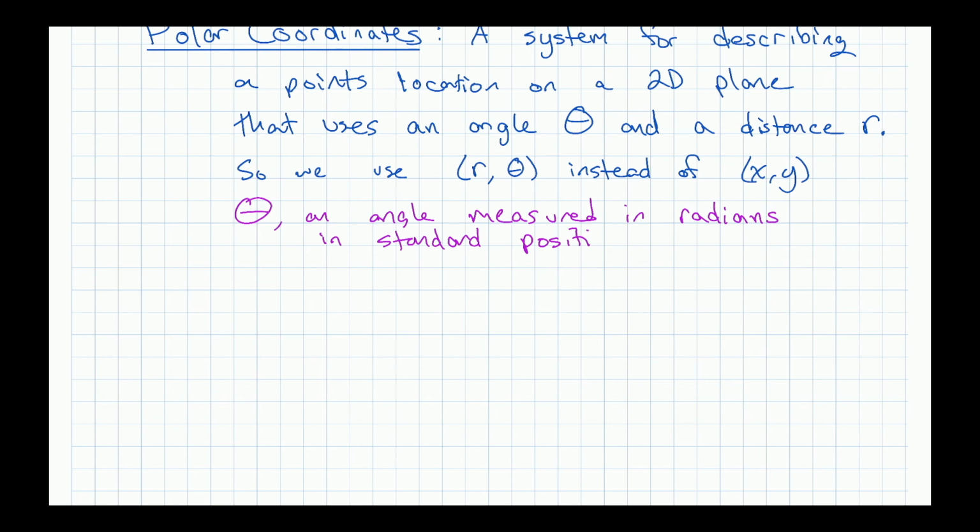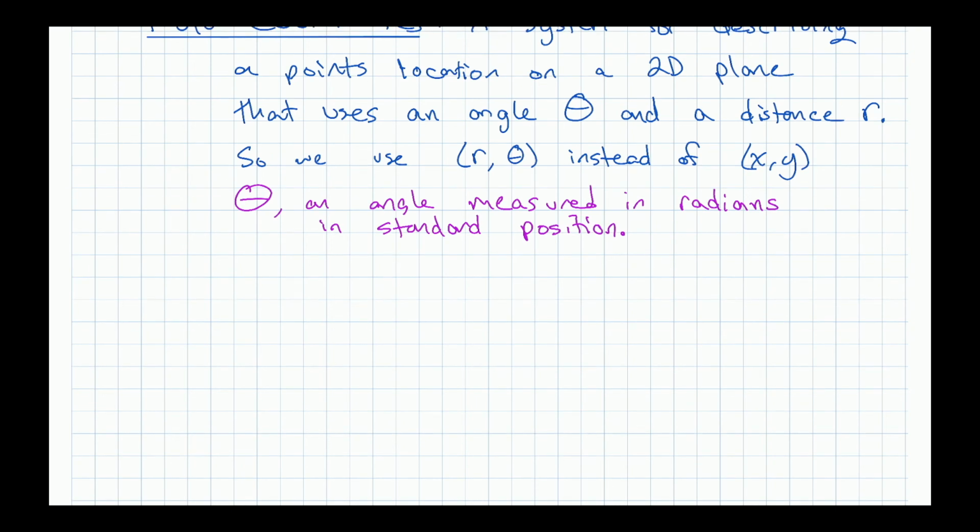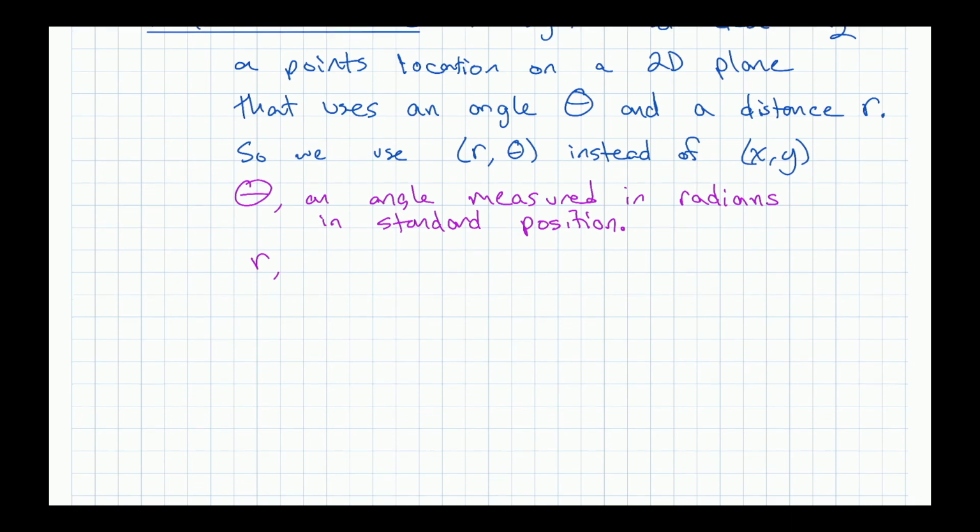So this is the way that we've been measuring angles on the unit circle all semester. So that's fine. And then r is going to be a distance from the origin. And so the units there are just going to be whatever the units are.